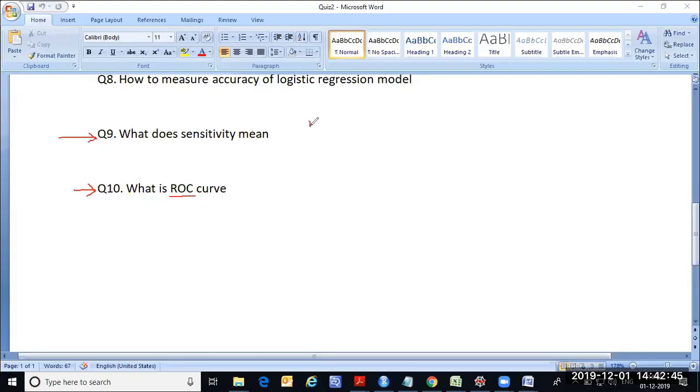True positive divided by true positive plus false negative. Correct? Out of all actual positive cases, how many you are correctly identifying as positive? That's what sensitivity tells us. Clear?